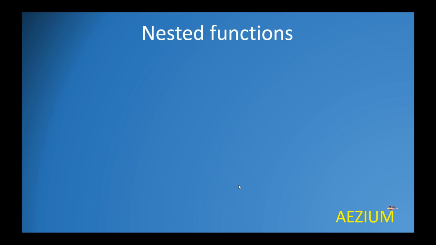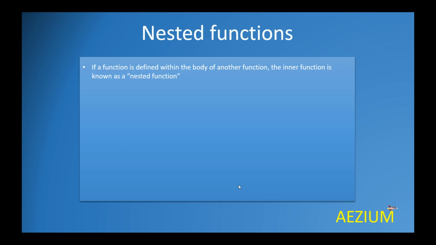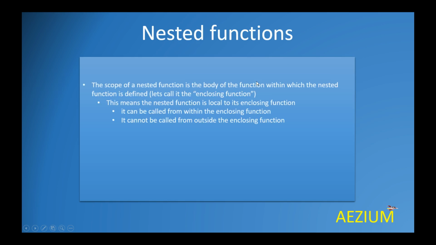Nested functions is the last topic of our Swift's functions tutorial. A nested function is a function which is defined within the body of another function. The scope of a nested function is the body of the function within which the nested function is defined.